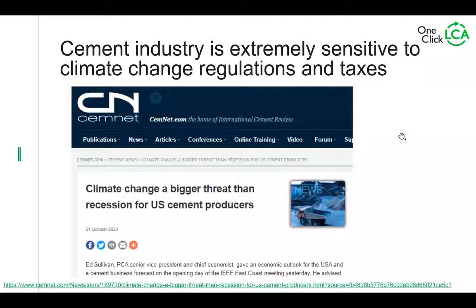And as I said, this industry is taking regulations and such things quite seriously. Recently, the chief economist of the US concrete industry said that climate change is a bigger threat than recessions for US cement producers. So, you know, I hope he was right. So this definitely has to change in the industry.